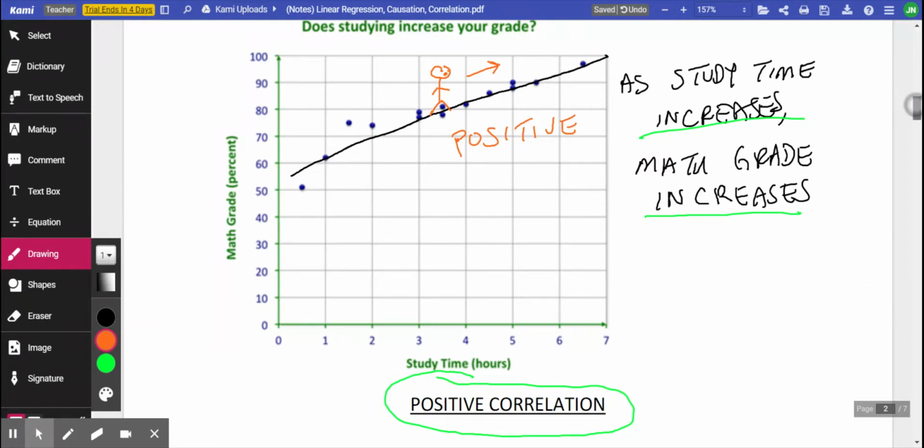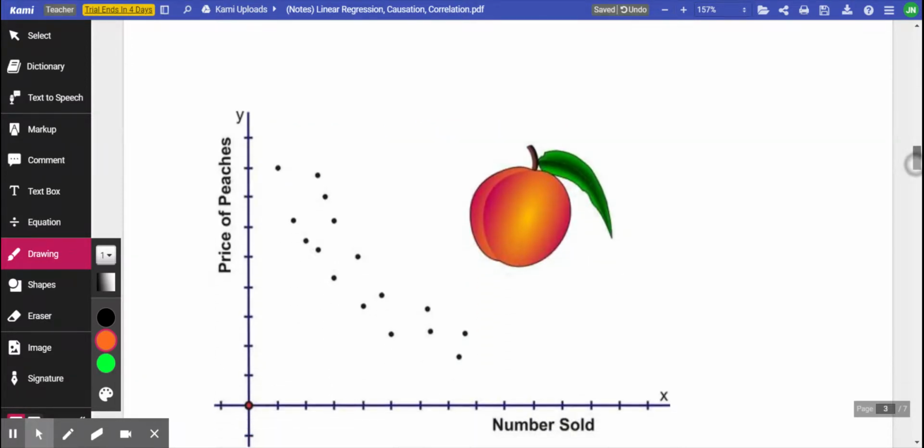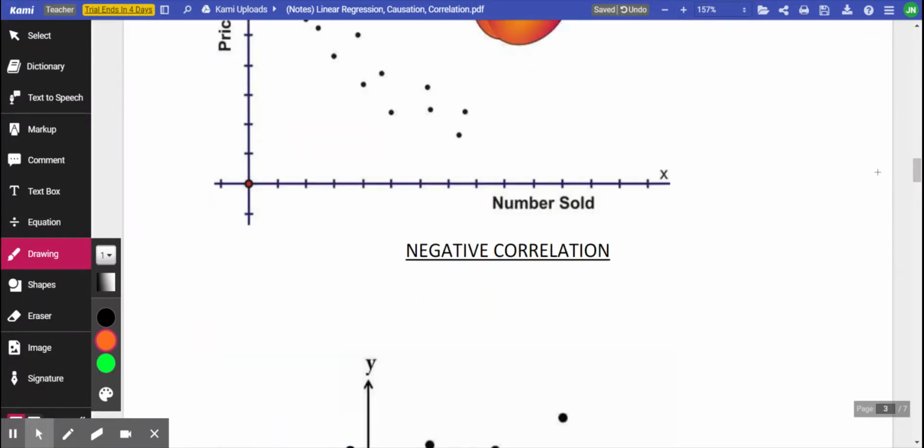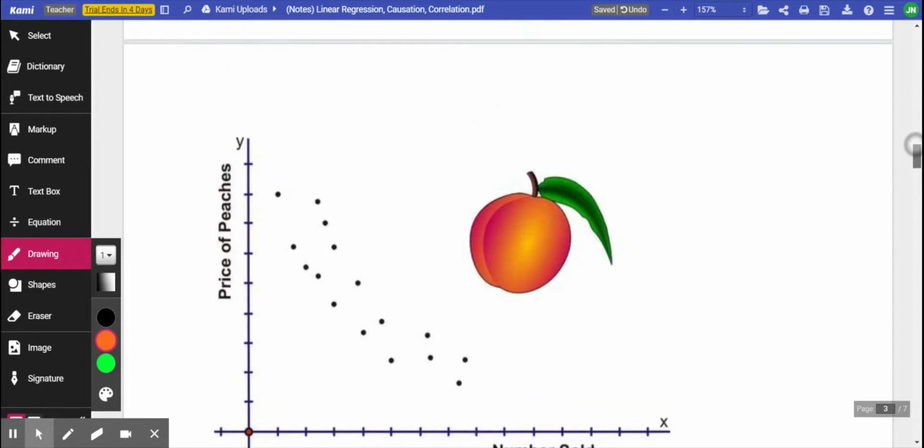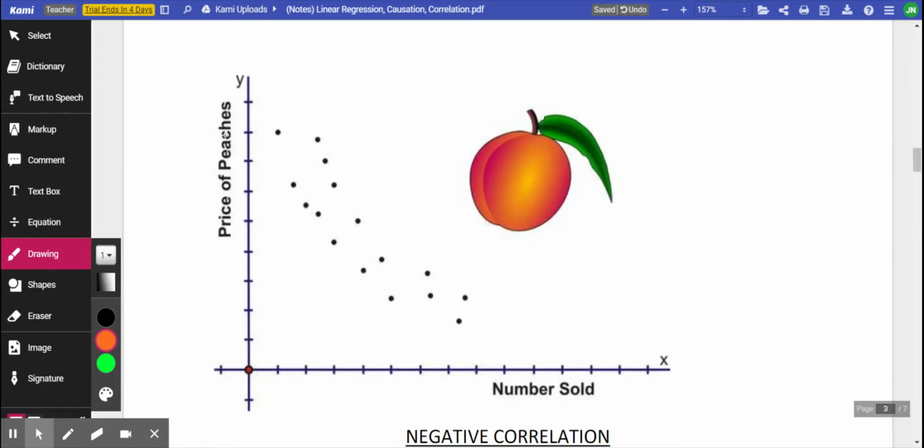Can you have a negative correlation? Absolutely. Let's look at an example. In this case, we have the price of peaches versus the number sold. As you can see, as the price of peaches goes up, the number sold goes down.